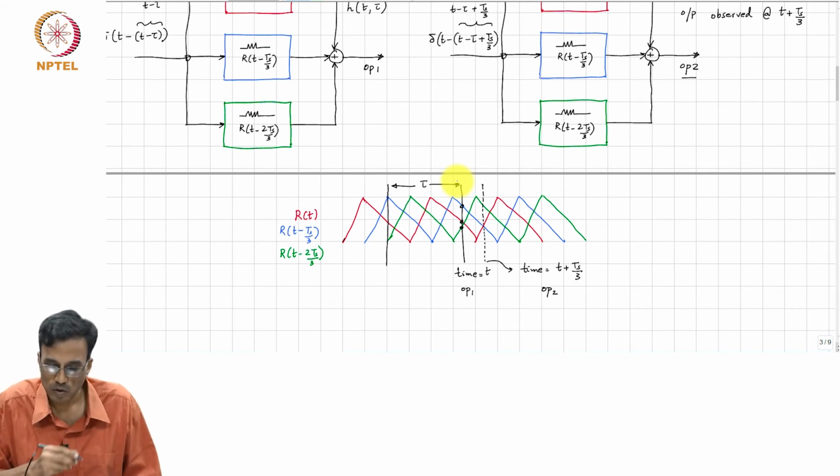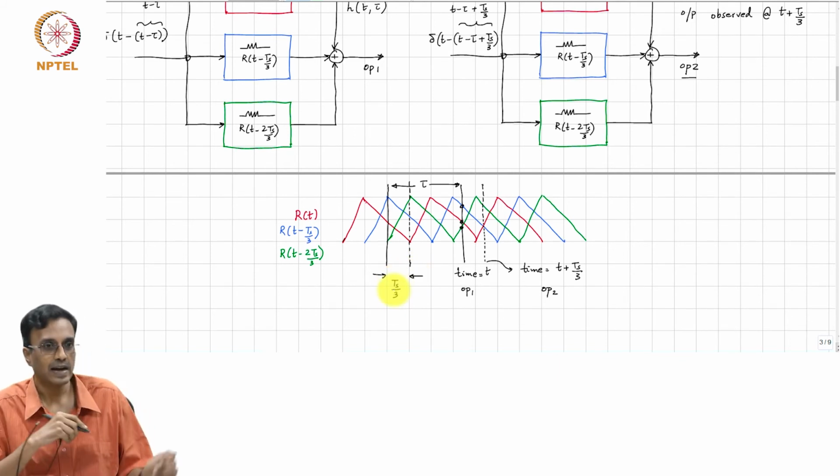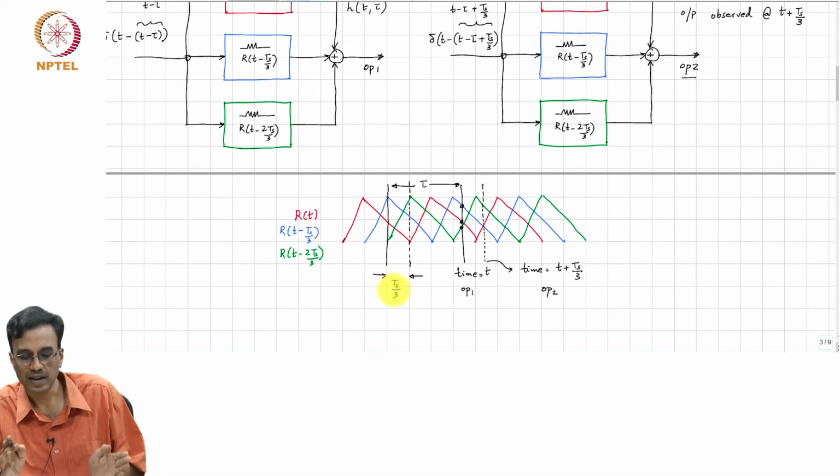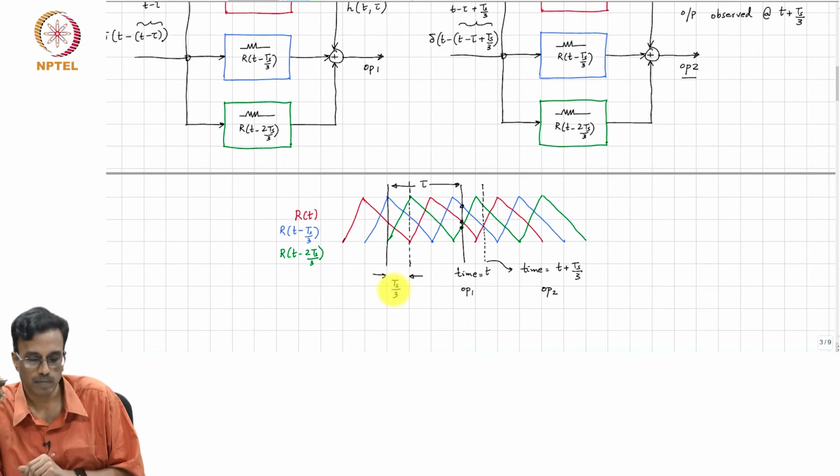And so, the corresponding excitation in the second system will have to come here, that is Ts by 3. It is delayed by Ts by 3. The time of observation is also delayed by Ts by 3, correct.